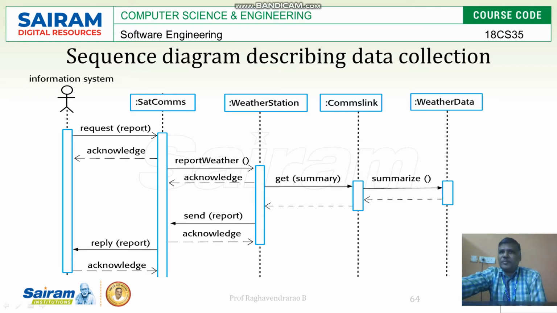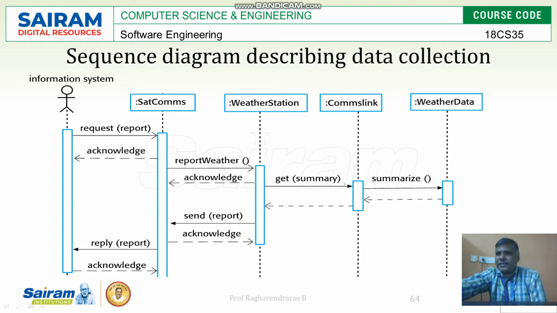First, a request is made for the report to the set communication. Acknowledgement is going to come immediately. The report is set. But when this set communication goes, the report is asked from the weather station, and that also gives the acknowledgement, which is passed to the information system.